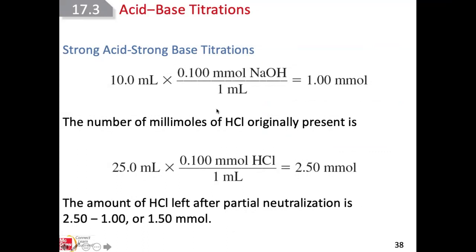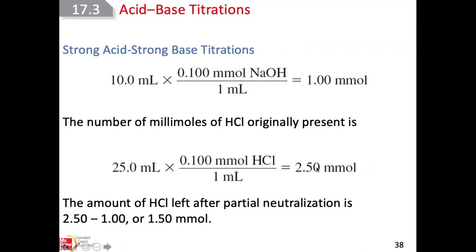So this is the 1 millimole. Now we can calculate the number of millimoles of HCl that are originally present in 25 ml of 0.1 molar HCl. So I will say 25 ml times the molarity, and I will get that millimoles of HCl is 2.5 millimole.